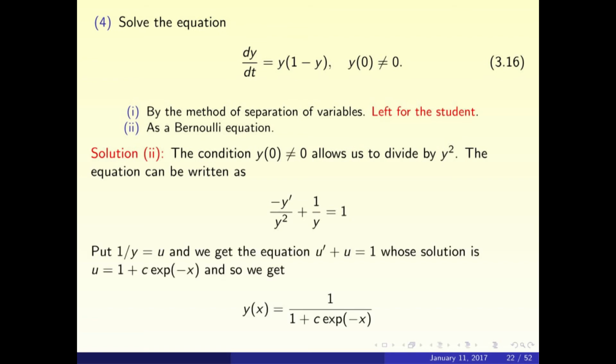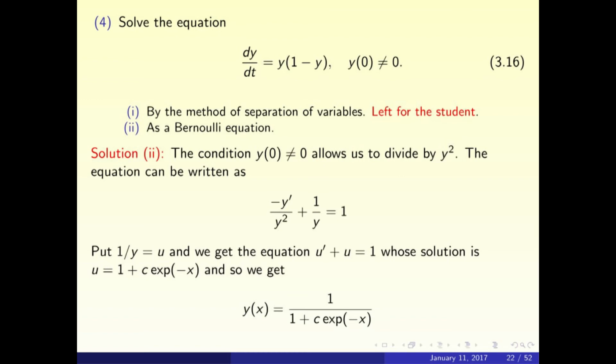Now you put 1 upon y equal to u. If you put 1 upon y equal to u, then minus y prime by y squared is du by dx. So the differential equation transforms to u prime plus u equal to 1, whose solution can immediately be done because that's a linear differential equation.